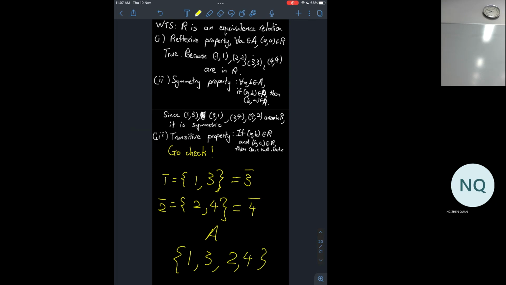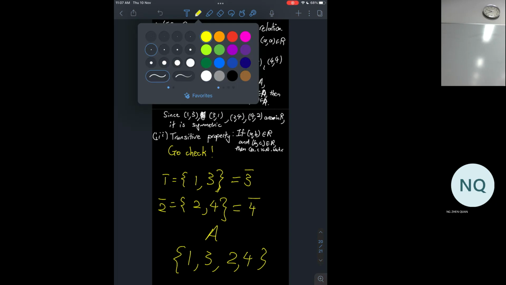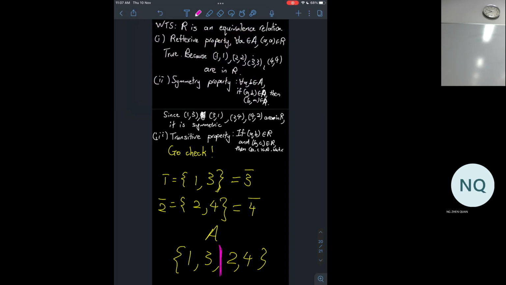So it partitions the set into halves like this. But next week we will see why exactly it is like that for different equivalence classes.